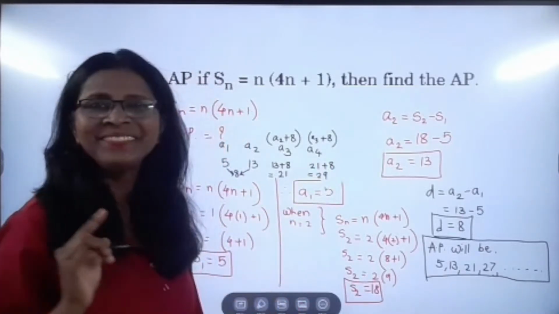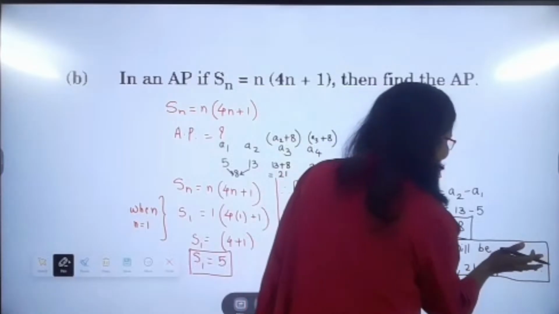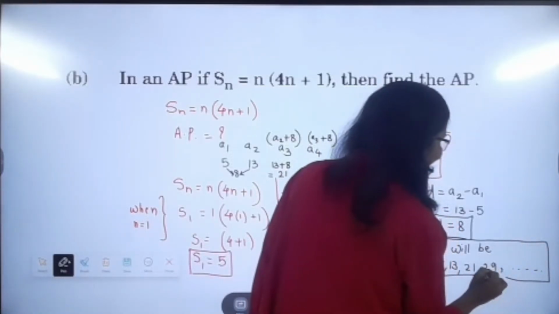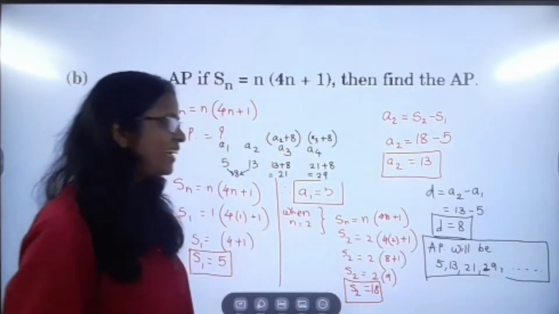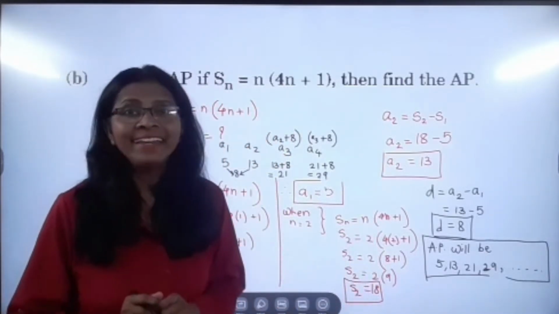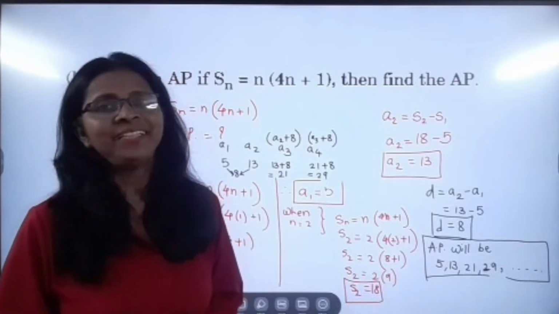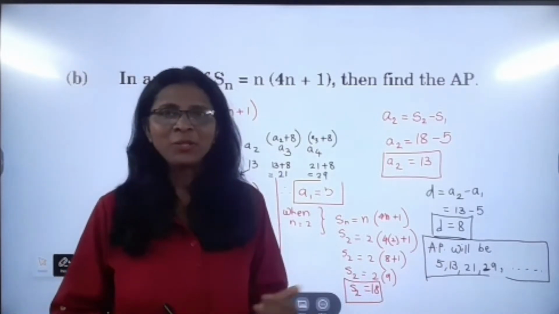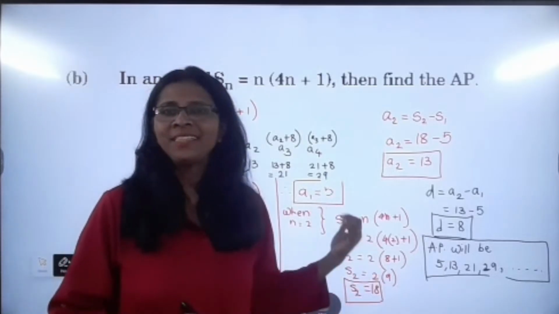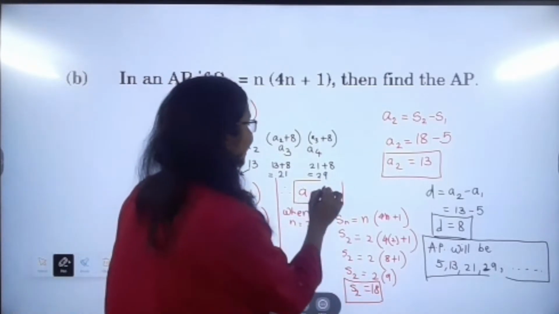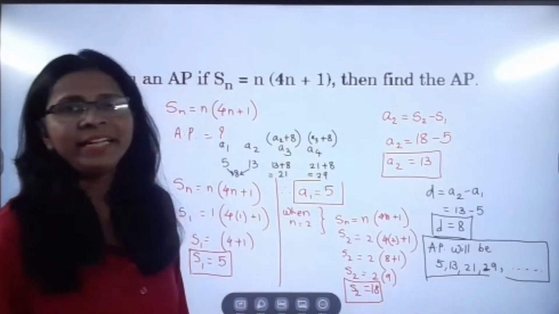Yes, students, there is a mistake. So here we can write the AP as 5, 13, 21, 29. Okay, so you may tally the last number to check whether your answer is correct or not. There is a mistake arisen due to me. In such a way, if you tally, then you can get the perfect answer.